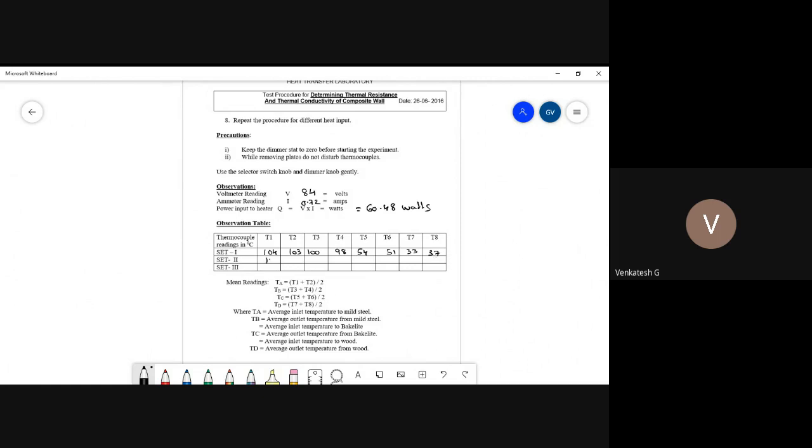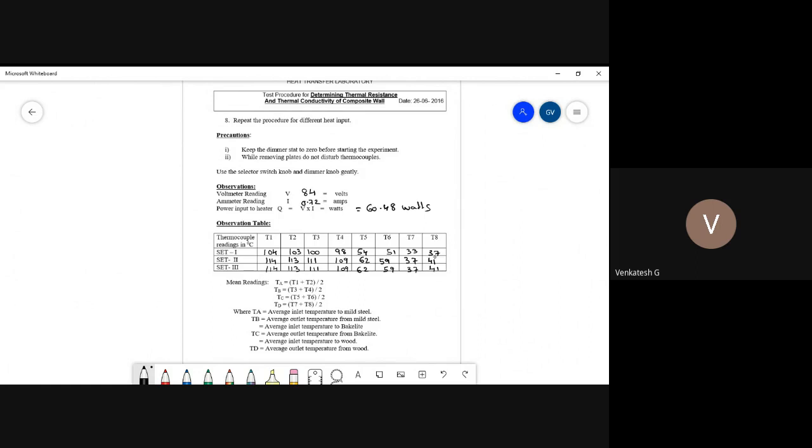The readings are 114, 113, 111, 109, 62, 59, 37 and 41. Again after 10 or 15 minutes, we observed the same readings as set 2, nothing but 114, 113, 111, 109, 62, 59, 37, 41.